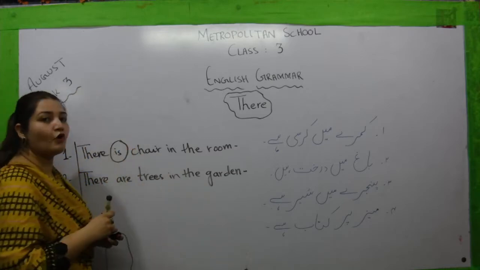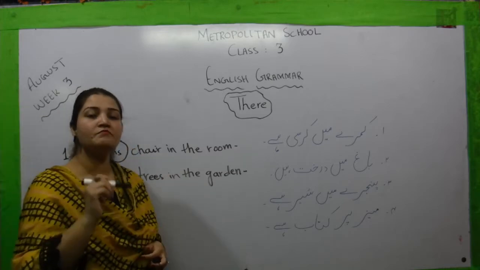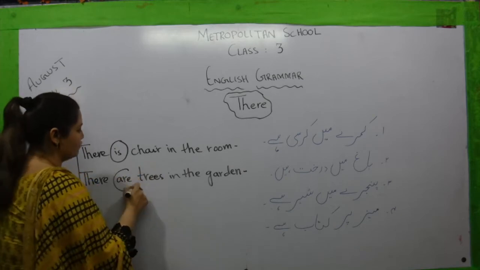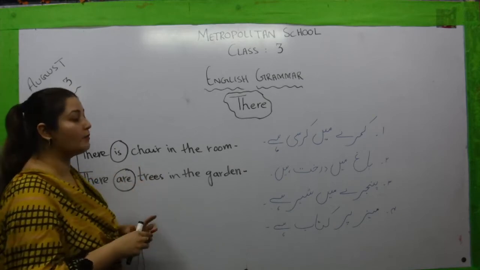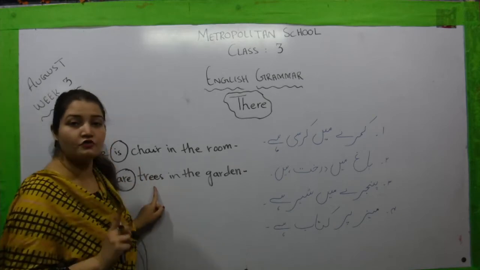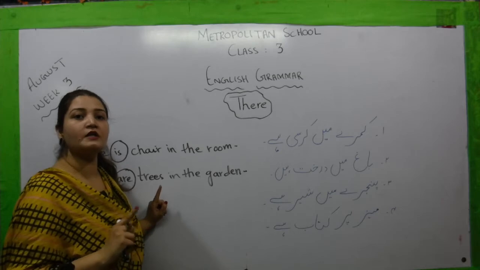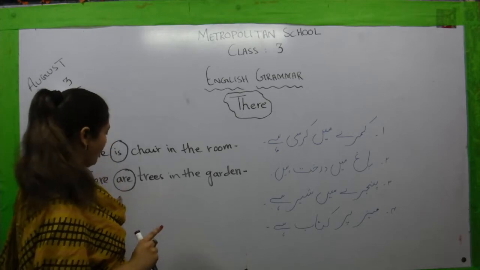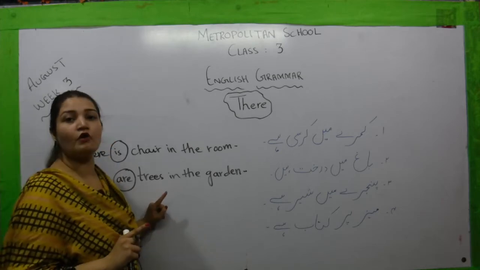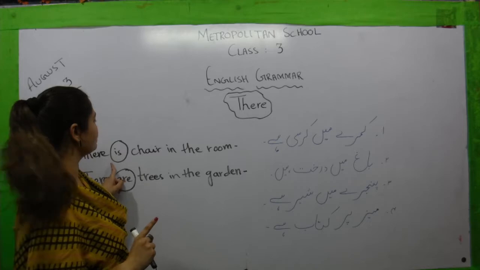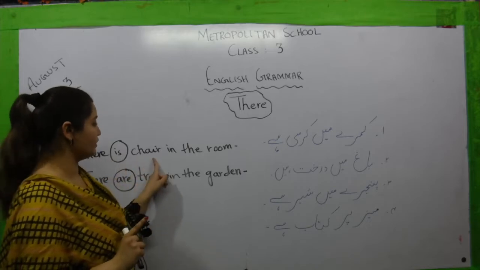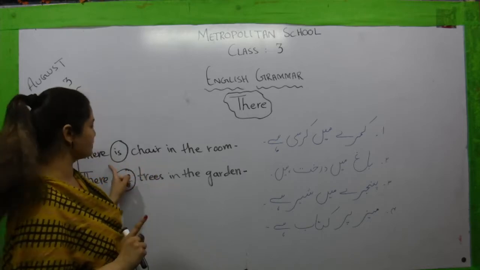And whenever we talk about plurals, so we must use are. So right now here we are talking about trees, not tree. So whenever we talk about any plural, so we will add are, and whenever we talk about a singular, so we will use is. Just like there was only one chair, so we used is here.